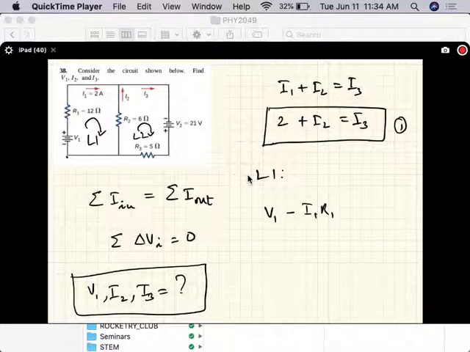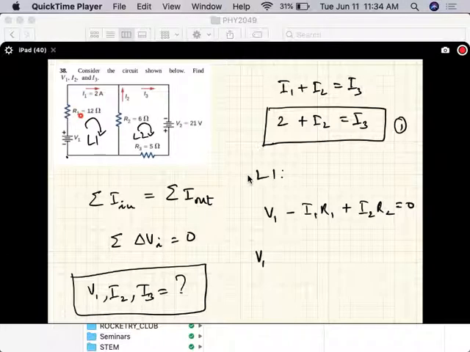And then I'm going to go across this element. So I'm going from low to high voltage, so that's plus I2 R2. And now I've come back to my starting location, so this should all add up to 0. V1 is unknown, and I1 and R1 are known.